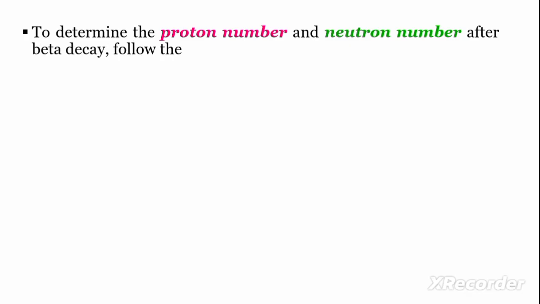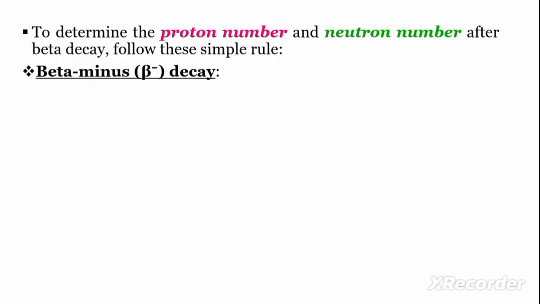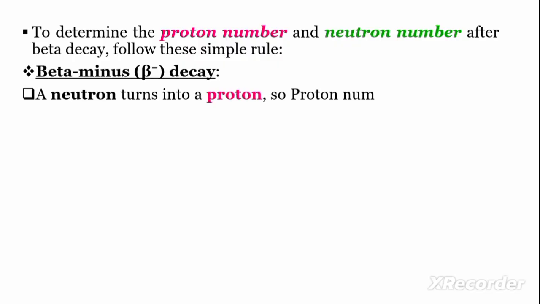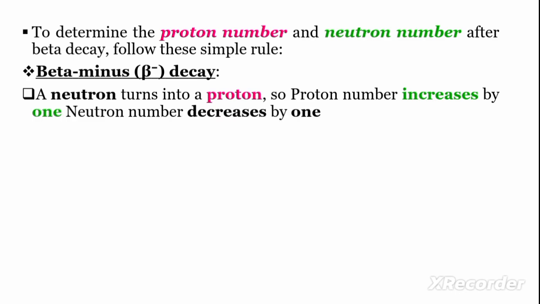To determine the proton number and the neutron number after beta decay, we follow these simple rules. Rule number 1, beta minus, or the negative beta decay. For negative beta decay, a neutron turns into a proton. So the proton number increases by 1 and the neutron number decreases by 1.